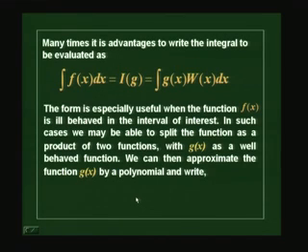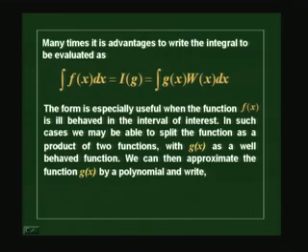So the method is the following: we write the integral of f of x dx, that is I of f, and now it is approximated by I of g, where g is another function, so I will write f as g into w. Let me write that here again.